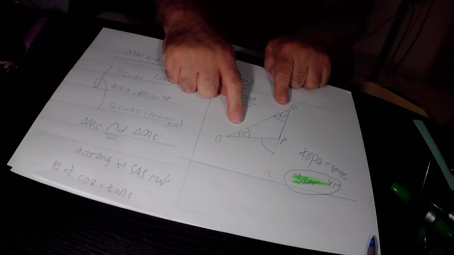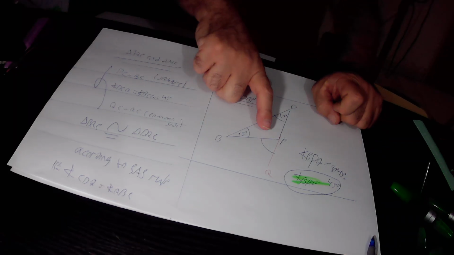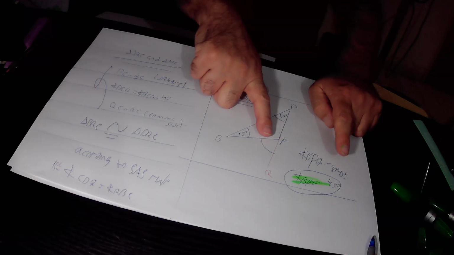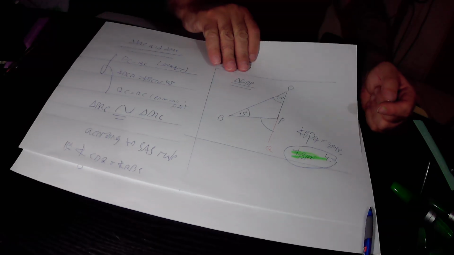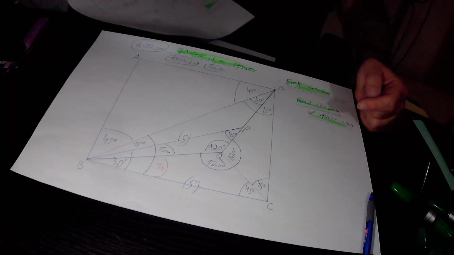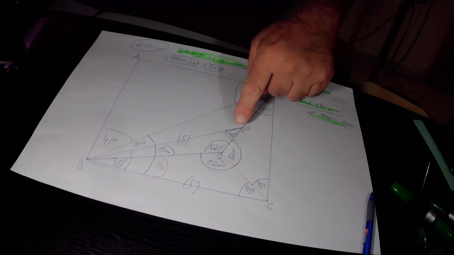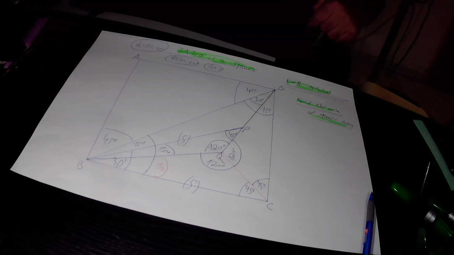Therefore, the size of the external angle BPQ is equal to 15 plus 30, which is 45. This external angle BPQ is equal to 45 degrees in its size.